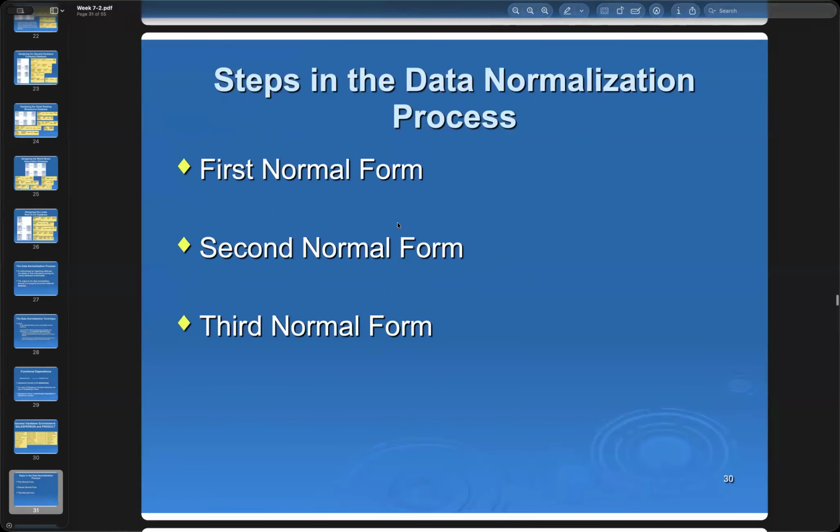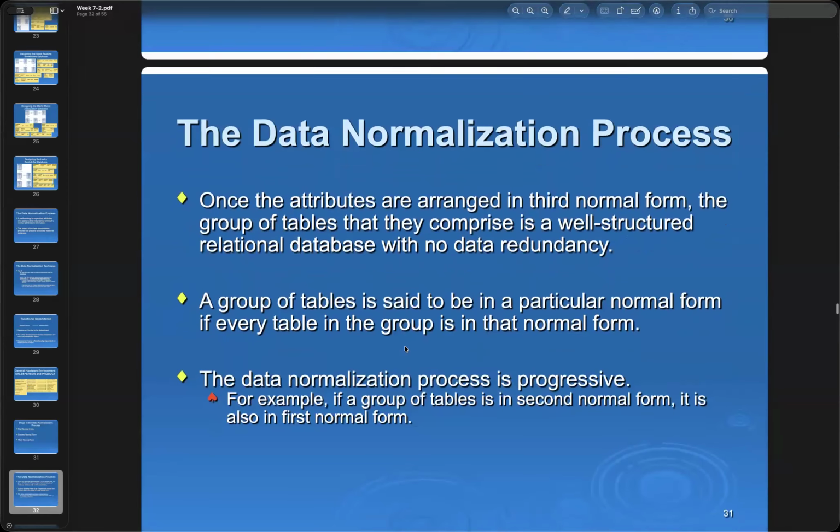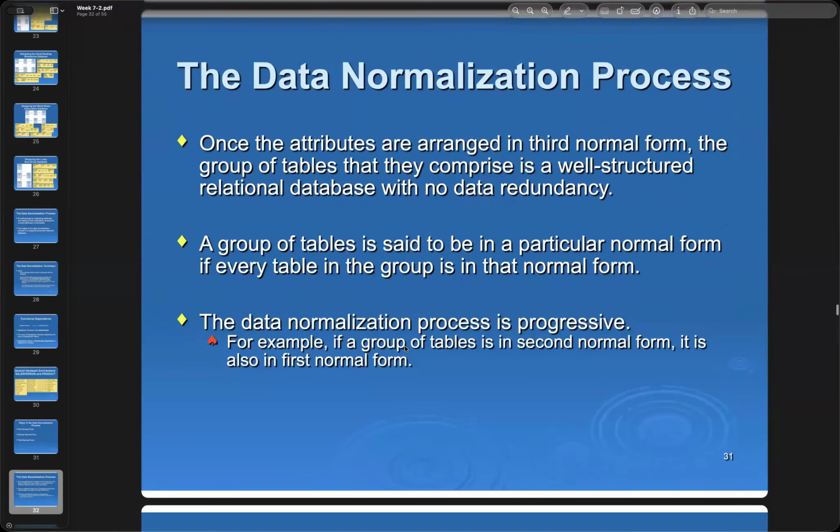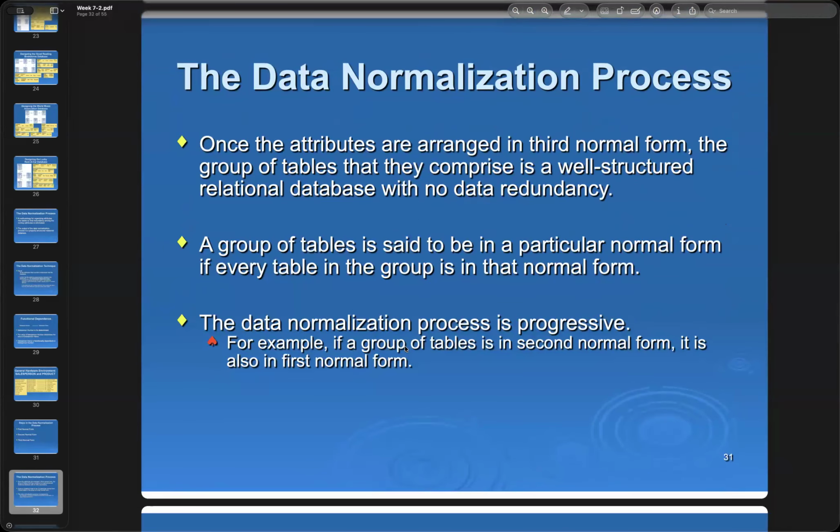The steps I talk about: we have 3 normal forms, first, second, and third normal forms. Once the attributes are arranged in the third normal form, the group of tables comprises a well-structured relational database with no data redundancy.